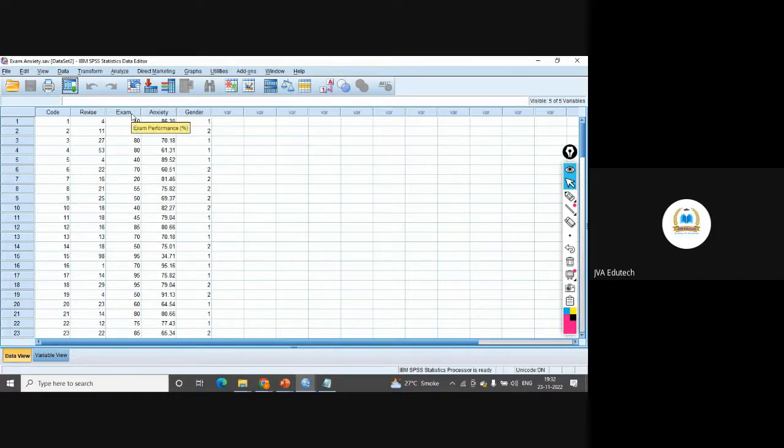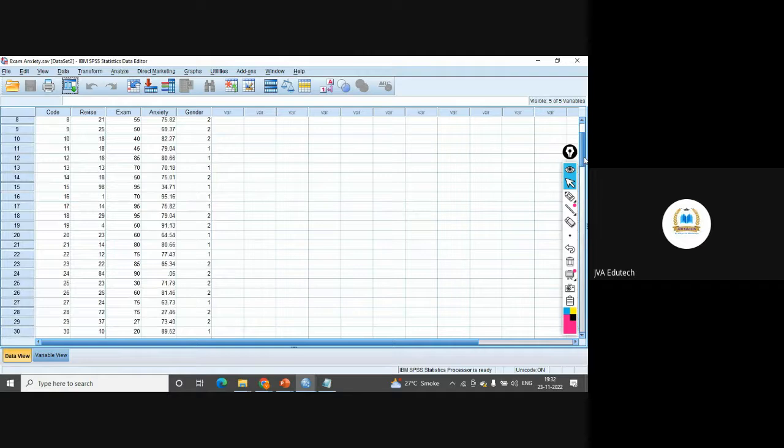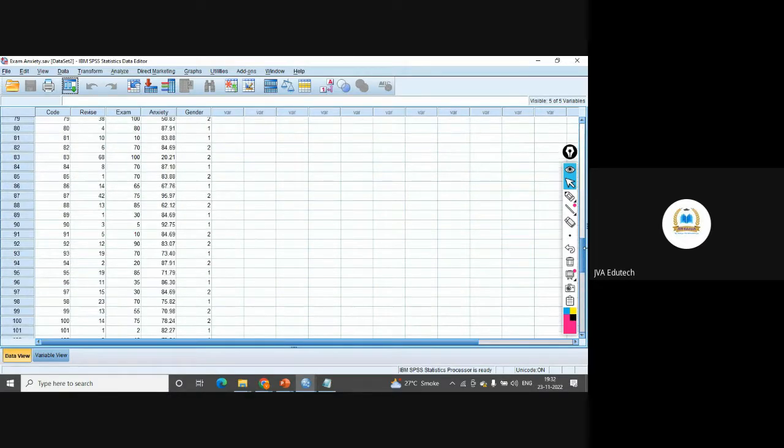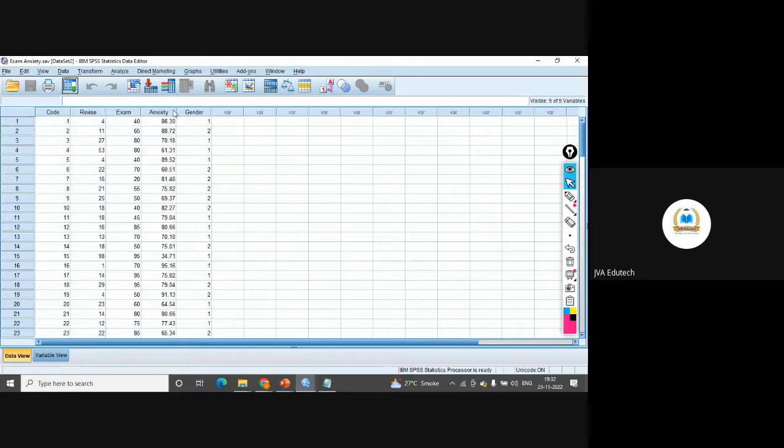First thing you should know is that it's a relatively good sample size, more than 100, a large sample size. All these three variables are metric in nature, so we can perform Pearson correlation.